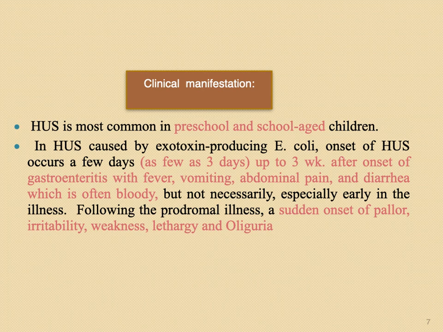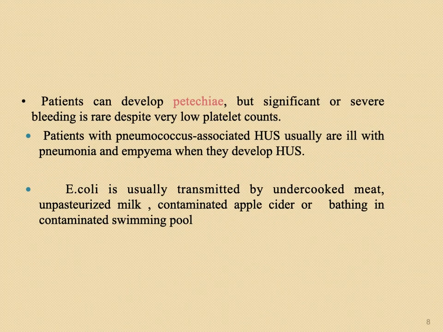A patient with hemolytic uremic syndrome can present either with significant dehydration or, on the other hand, with features of volume overload. This will depend on whether the enteritis or the renal injury predominates the clinical manifestation. A patient with hemolytic uremic syndrome can develop petechiae.